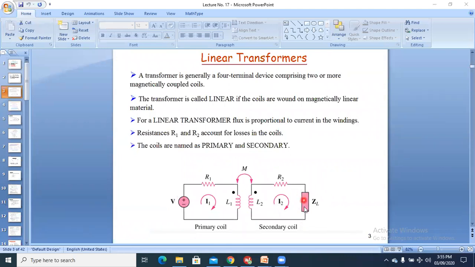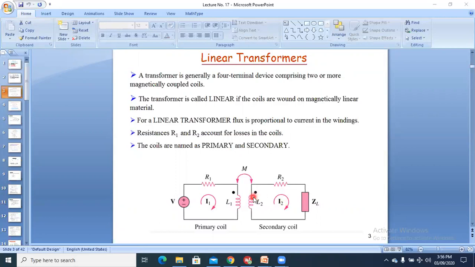So we want this voltage to be higher or lower than the load, and we need the turn ratio of the coil. We will study in this lecture how the turn ratio is associated with the voltage and the two currents of the circuits.